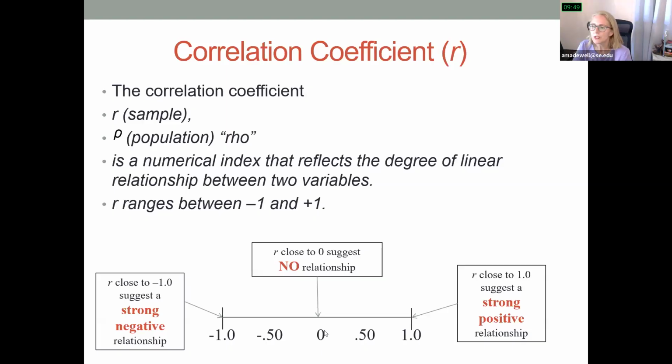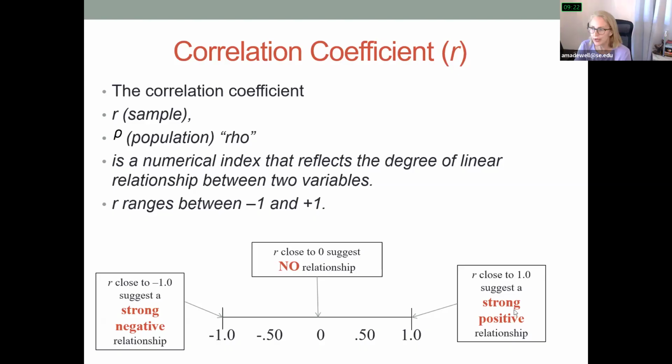If your correlation coefficient is a 0 or very similar to 0, it's going to mean that you have no relationship between your variables. As the value that you calculate or that you get from your SPSS output increases and approaches a +1.0, then you have a very strong positive relationship.